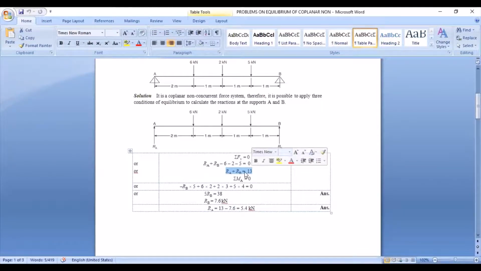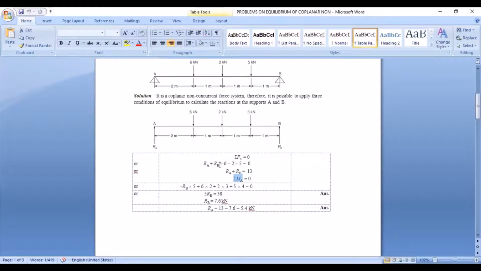Let us keep this equation as it is, and let us move on with the next equation of equilibrium, that is sigma moment. Whenever you are taking sigma moment, you are supposed to take it either at point A or at point B. In general terms, always choose a moment center in such a way that most of the unknowns pass through that point.